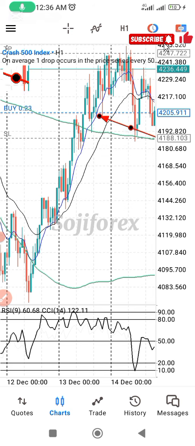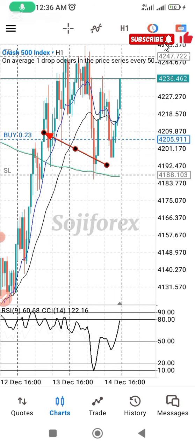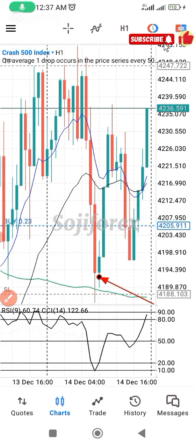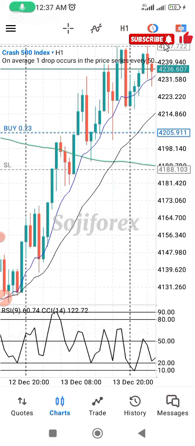You need a validation that this trend has come to stay. And what is your validation? Price will go above it, come back to it, and retest it. Now, this is what validates that truly there is a change in this market direction.